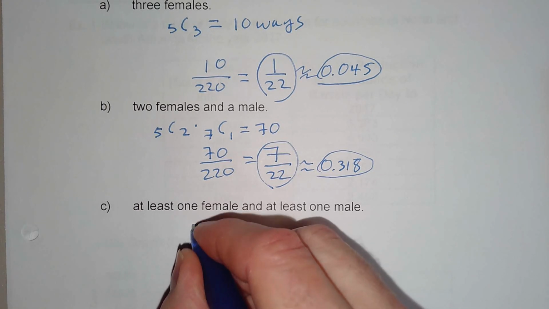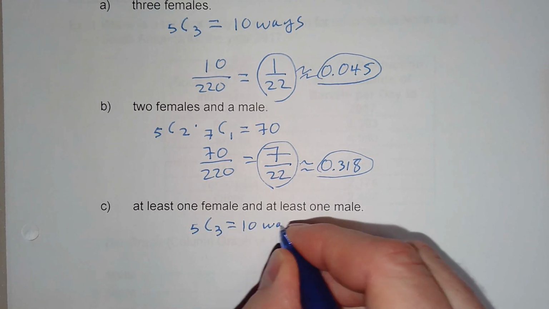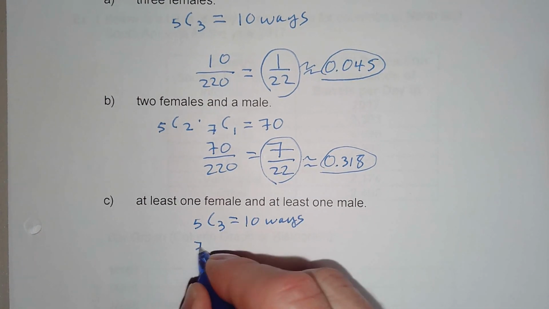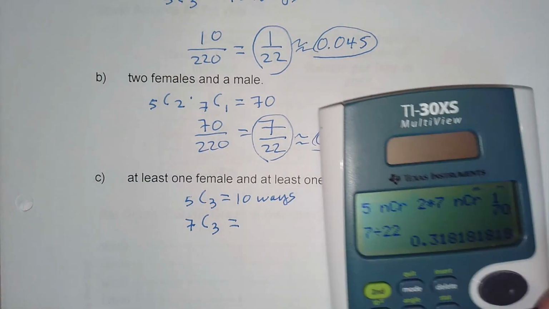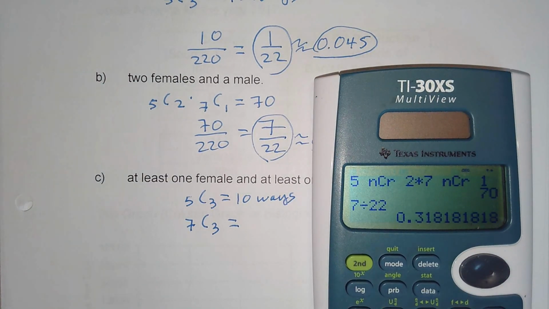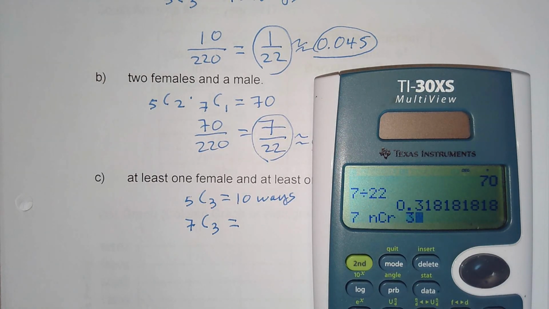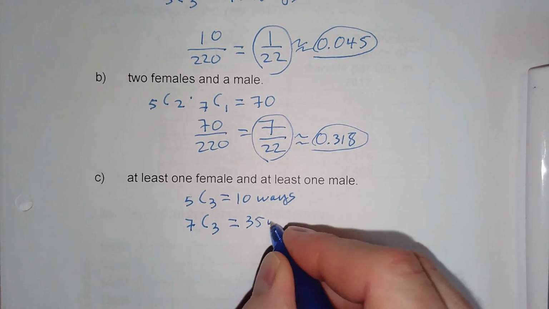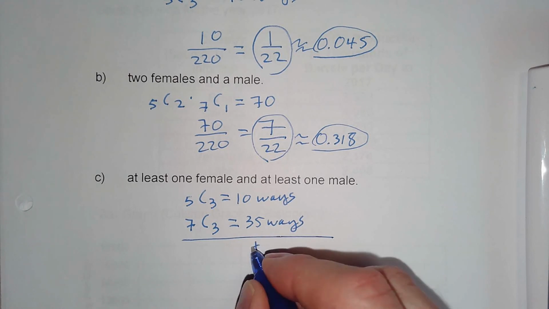So I'm just going to rewrite that here, even though we've already done that. And then all-male committee, there's 7 males, you're picking 3. So let's calculate that on our calculator. So that's 35. So if we add those together, that'd be 45.